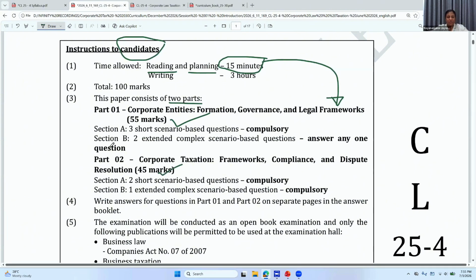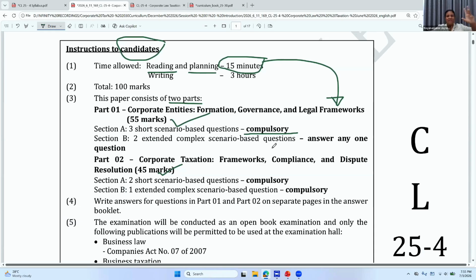Done. After that, in the corporate law part, the paper has sections A and B. In section A, 3 short scenario-based questions, which are compulsory. For section B, 2 extended complex scenario-based questions.